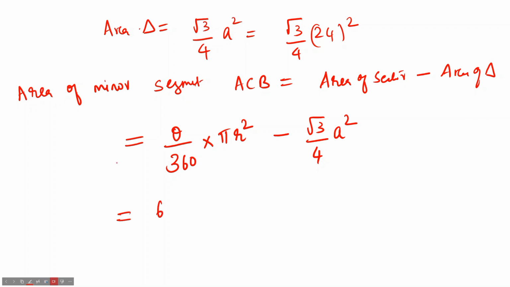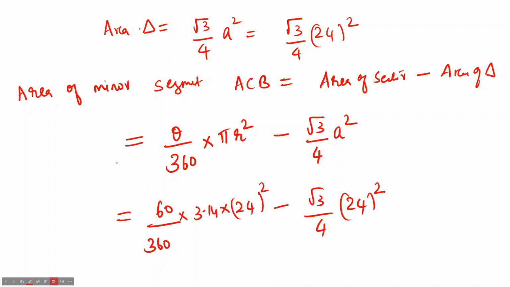Okay, so 60 degrees divided by 360 times 3.14 into 24 square minus root 3 by 4 into 24 square. Okay, when I calculate this, I will get 52.32 centimeter square. Okay, hope you understand. Please calculate this thing. Okay, you will get the answer. Thank you.